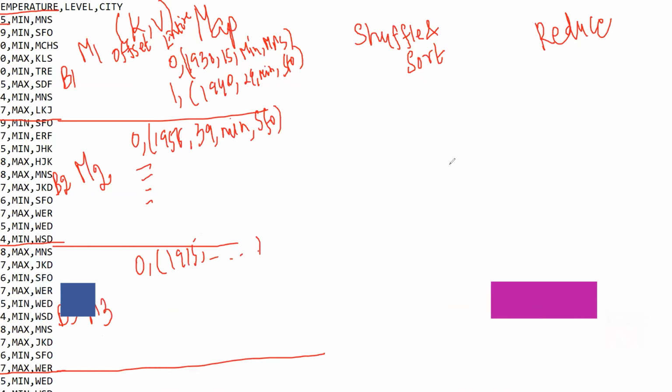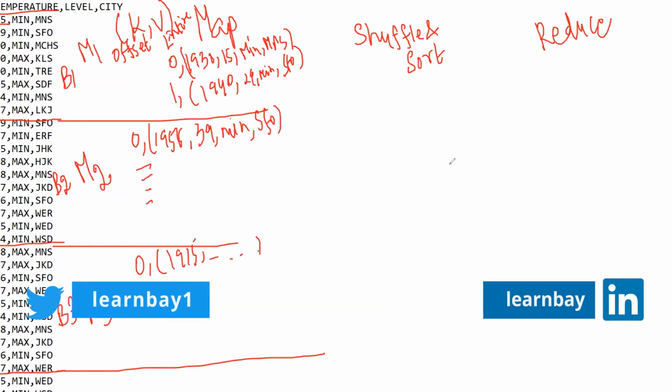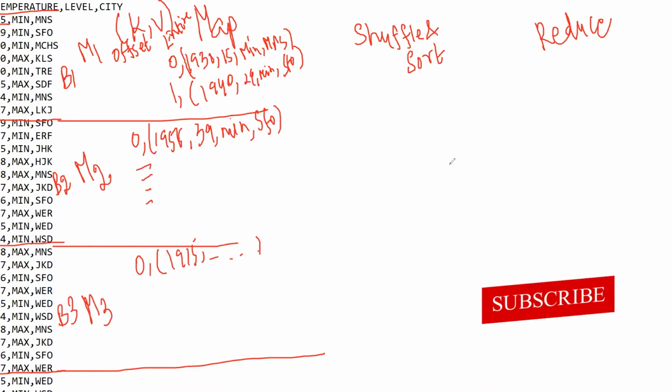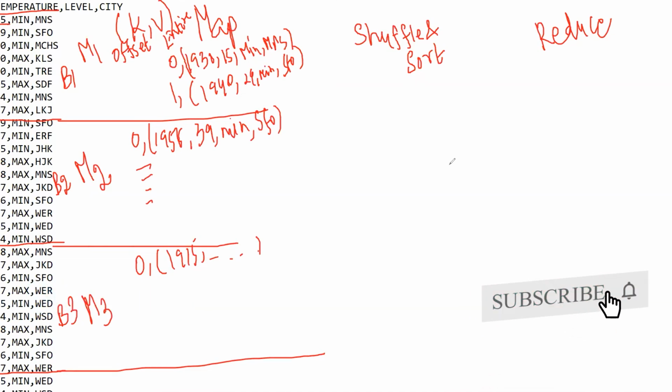After it reads this key-value pair, your mapper program, the program that I have written for finding the average temperature, will have logic to identify, for this use case, which fields I need. See, I don't need the year, by the way. I don't need the level. All I need is the temperature and the city.